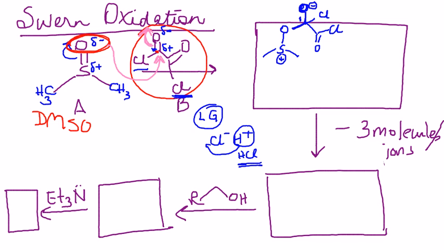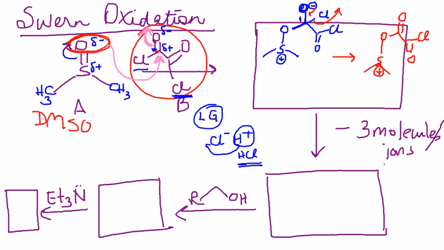So what can happen now? That negative charge is going to come back in between carbon and oxygen and force the Cl to leave. As that happens, you're going to see oxygen, double bond O, CO, Cl, positive charge still intact. What can happen next?